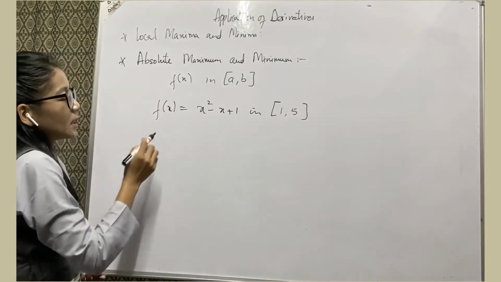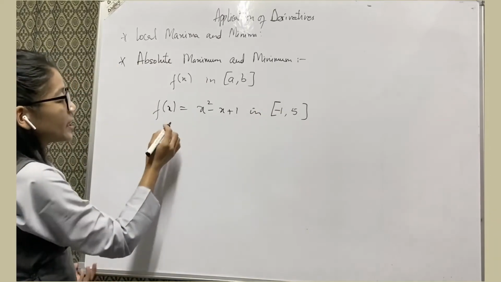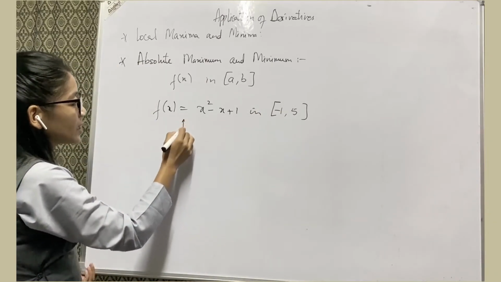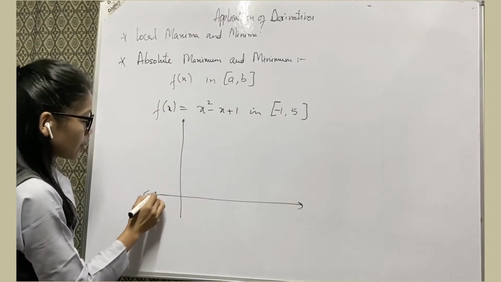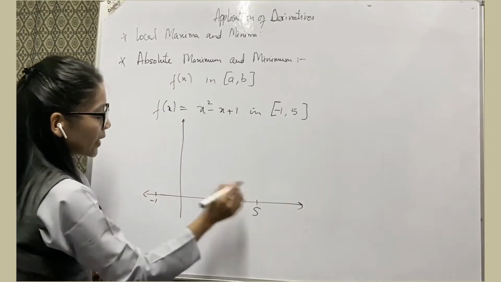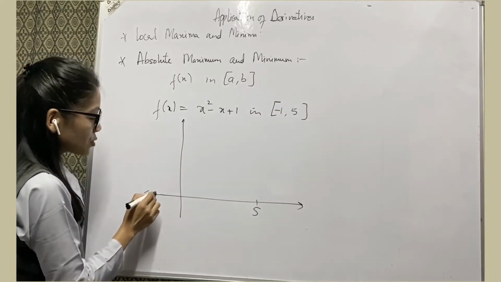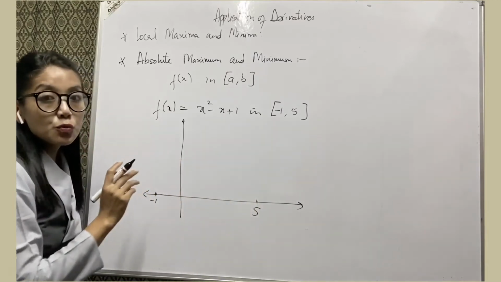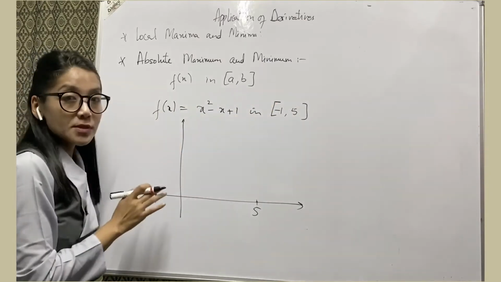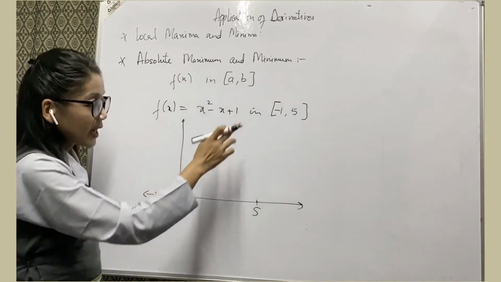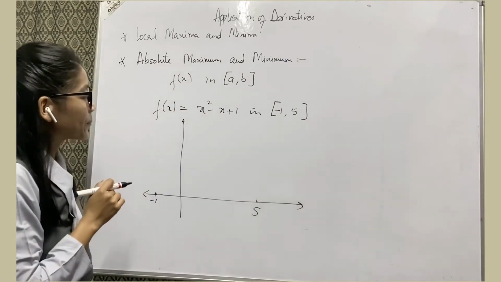Our interval is from negative 1 to 5. Since it is a closed interval, the images of these two points are to be included, because x can be negative 1 and x can be 5. So we have a closed interval whenever you are asked to find the absolute maximum and absolute minimum.